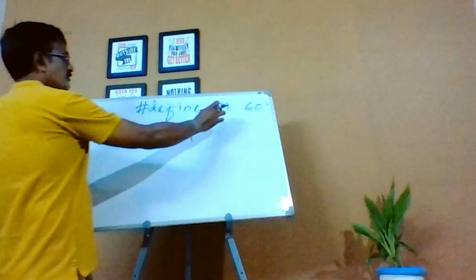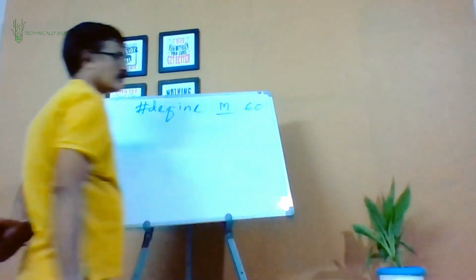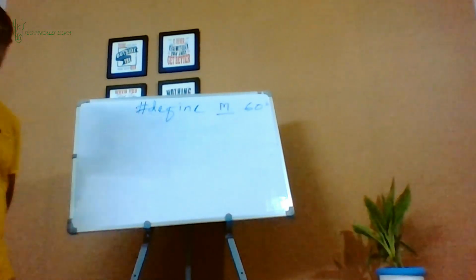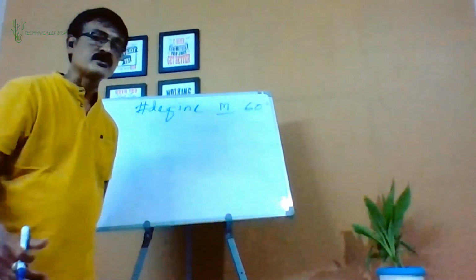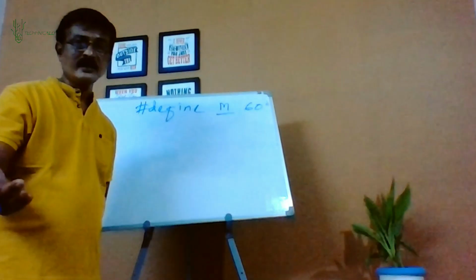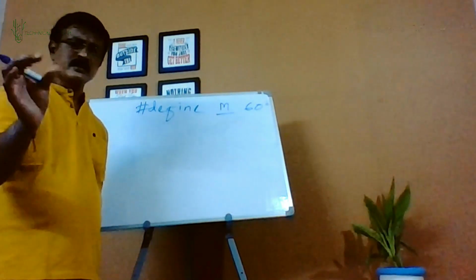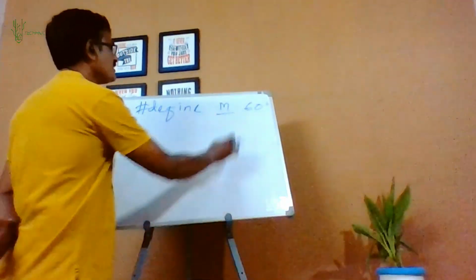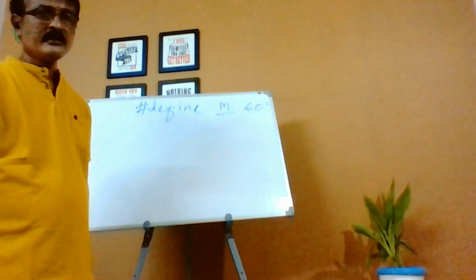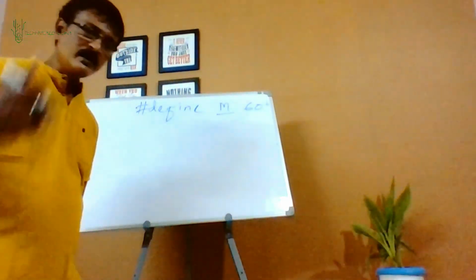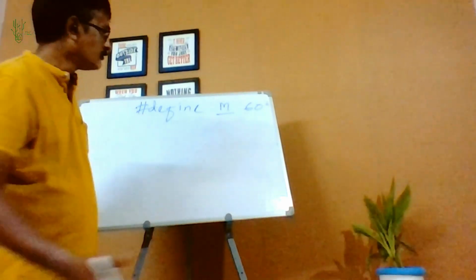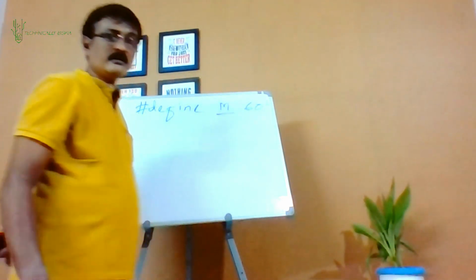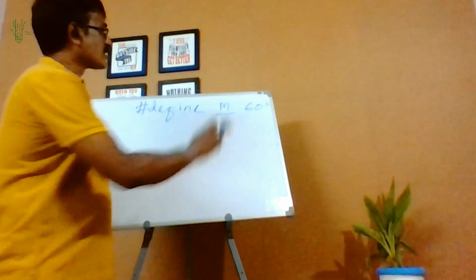This AIM is popularly called a symbolic constant. Why such a name? Very simple. Symbolic means we are talking about a symbol. The symbol is AIM, and it will be replaced wherever it is used with the value 60. And it's a constant.